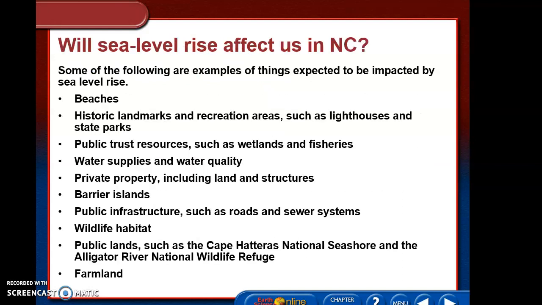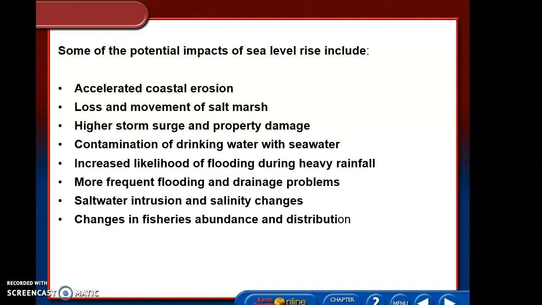So how can it affect us in North Carolina? Our beaches, historic landmarks. They already had to move one of our lighthouses away from the beach because of problems with it. Wetlands, fisheries, freshwater supplies, private property, your barrier islands where you have once again a lot of your tourism issues, roads being destroyed, wildlife habitat being destroyed, farmland being destroyed, public lands being destroyed, those beaches, Cape Hatteras National Seashore, all those things you think about when you go on vacation.